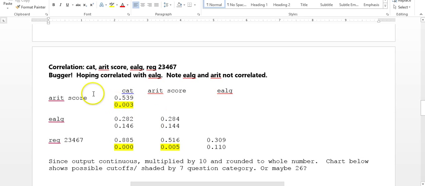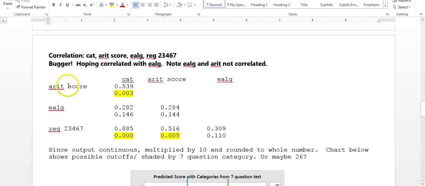And this was something else that I found interesting, since I had their arithmetic scores and their EALG scores. I wanted to see if their category score was correlated. Did I use category regression? If their category score was correlated with their arithmetic score, EALG score.